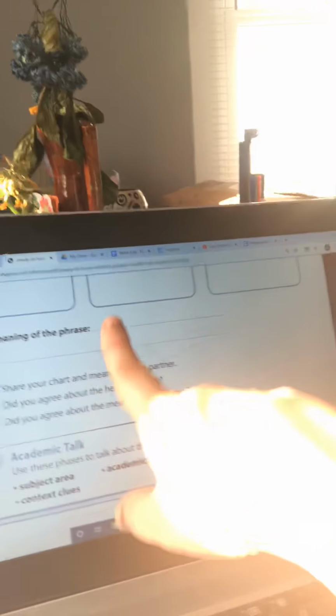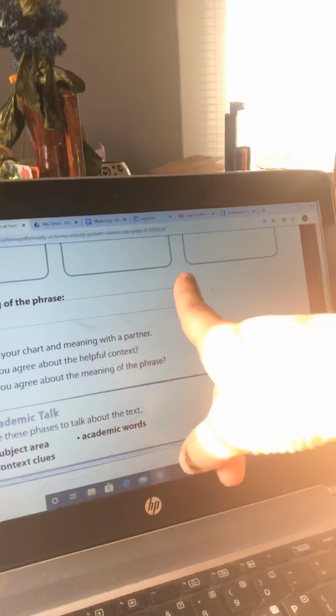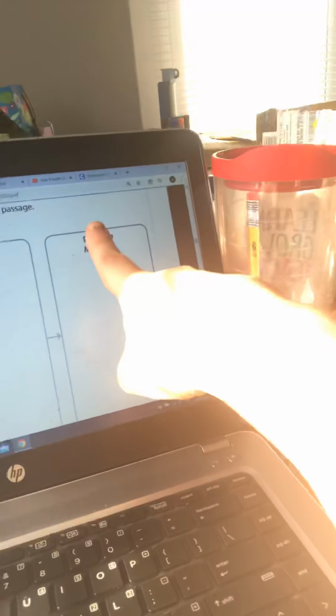Okay, so put that, pause it and put that. The conceived of means, and what did we decide it means? Oh, if you forgot, that's okay. Look back in your chart under possible meanings. It means thought of a new idea.